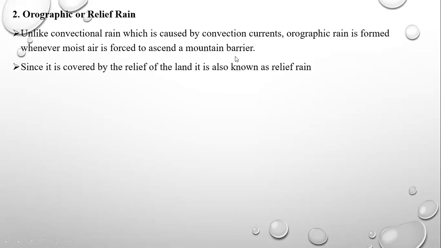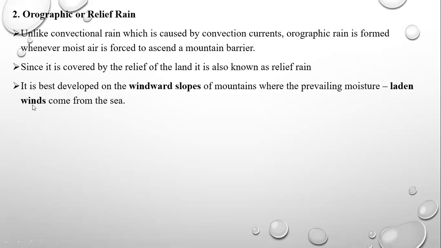Since it is caused by the relief of the land, that is why we call it relief rainfall. Now, it is best developed in the windward slopes of the mountains where the prevailing moisture-laden winds come from the sea.